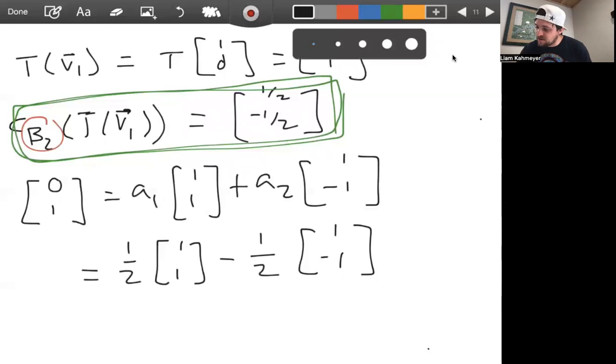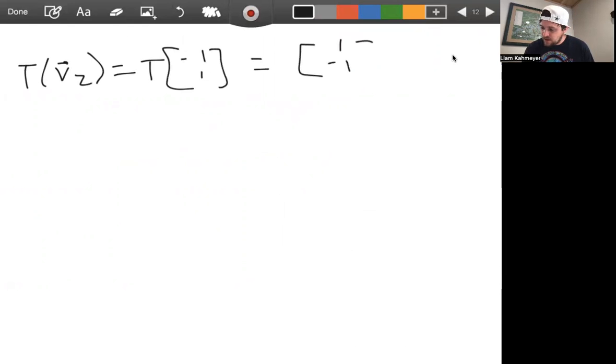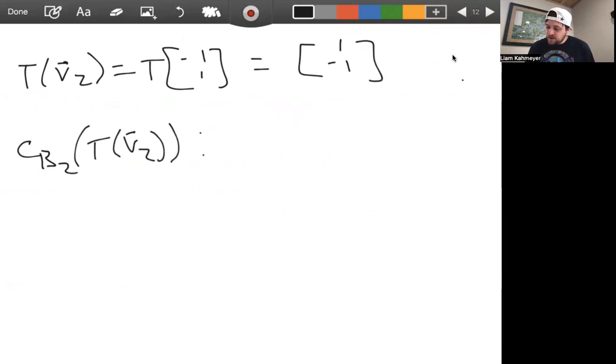Now let's find the next column. So we want T(v2), which is T of (-1, 1), which is going to be (1, -1). Now we want to find the coordinate vector with respect to the basis B2 of T(v2), which means we need to find coefficients.